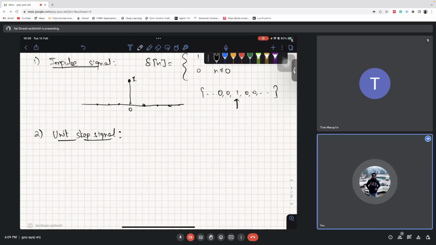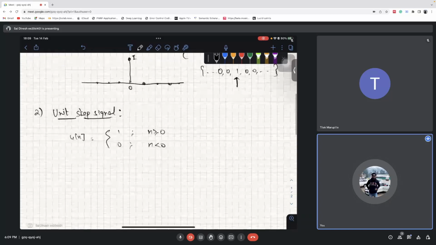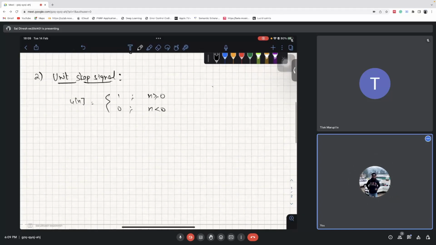The unit step signal is represented as u of n equal to 1 for n greater than or equal to 0, and 0 for n less than 0, right? So this has support from 0 to infinity. Again, the unit step signal is also a quite important and fundamental signal that we come across a lot during this course.